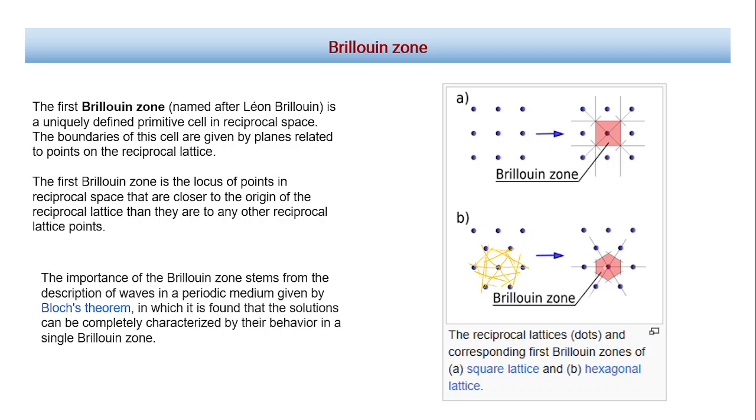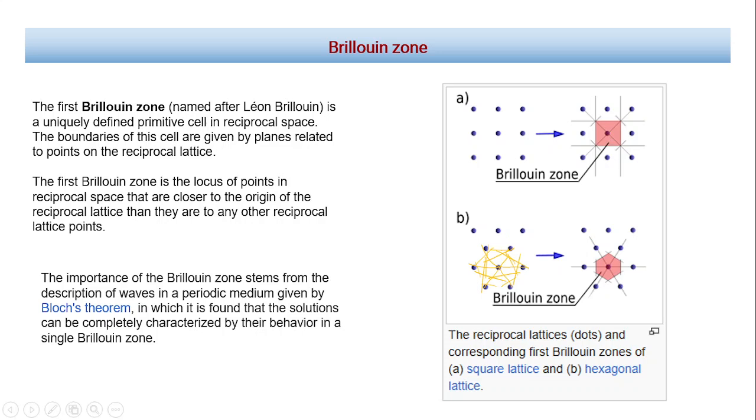This will be the first Brillouin zone. So depending on what arrangement my reciprocal lattice has, my Brillouin zone shape will also change. So be careful. And a rectangular arrangement will definitely be different from a square lattice.